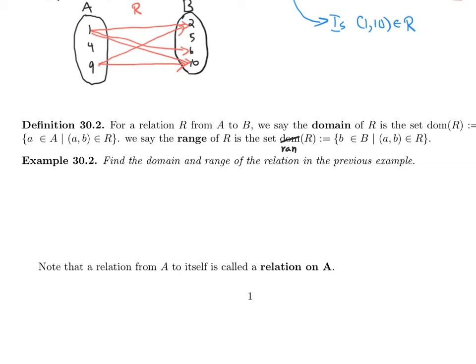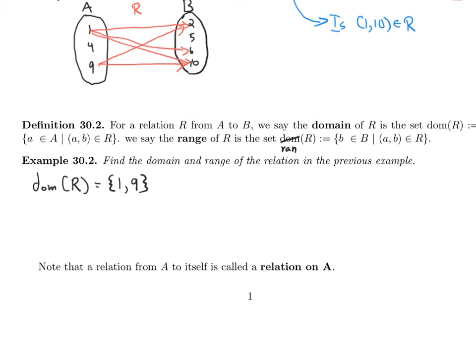So let's look at dom and ran of R in the previous example. So dom of R, so it's going to be a set. And remember, the elements of dom of R are elements of A. They're not ordered pairs. They're elements of A. So it's the elements of A that are related to something. And they are, in this case, 1 and 9.